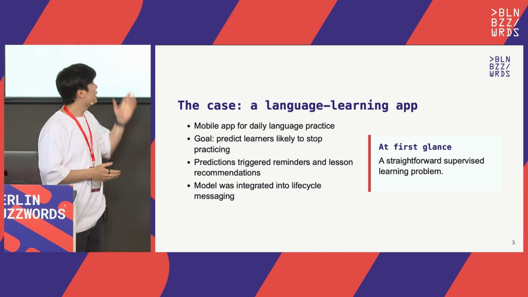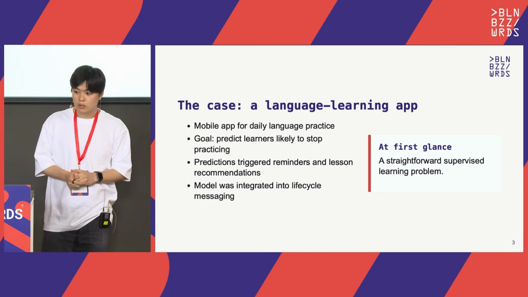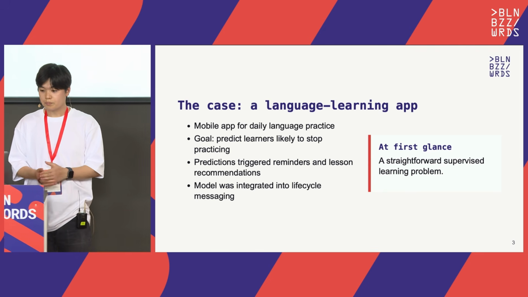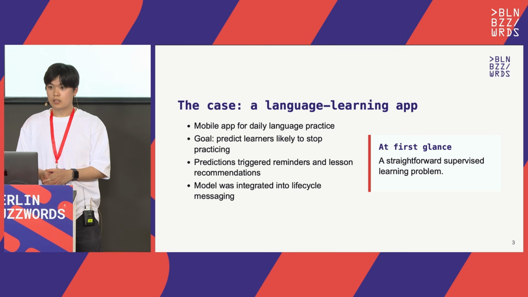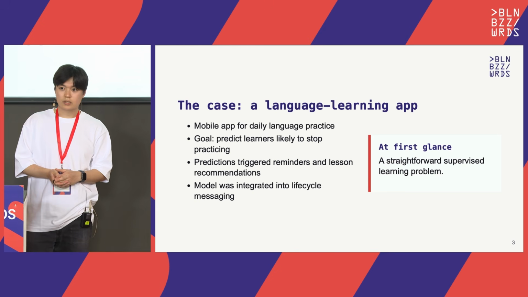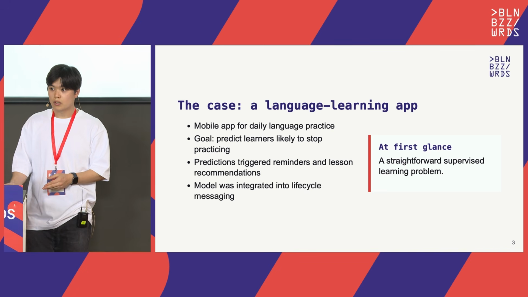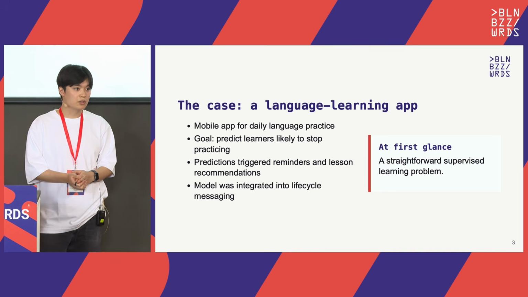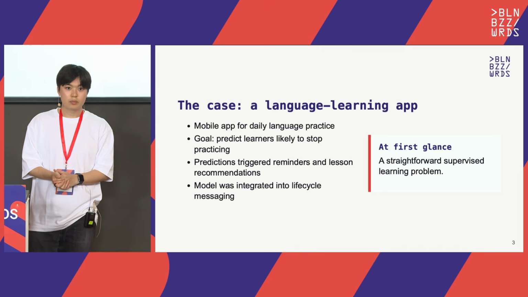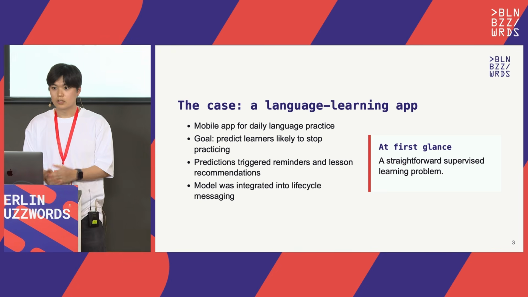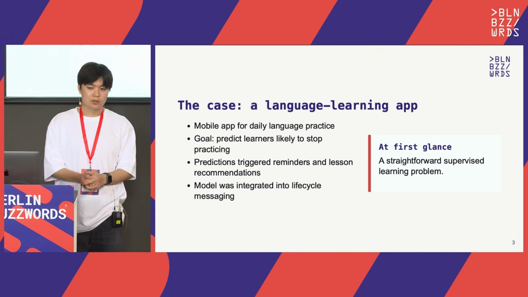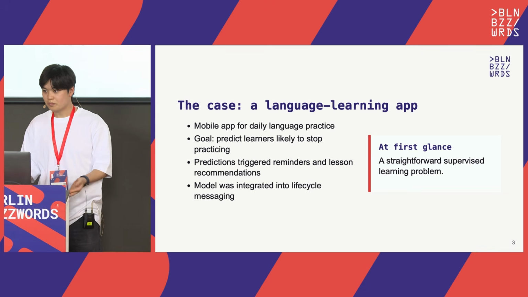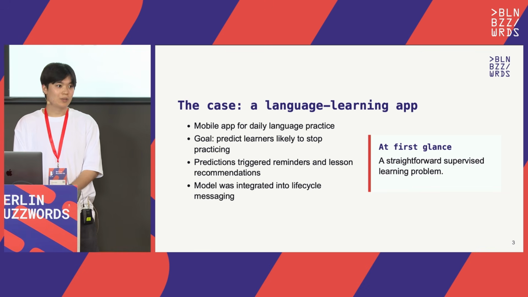Our case is a language learning app, a mobile app for everyday language practicing. Our business target was to create a model that predicts churners, the users who are likely to stop using the app soon. This is a classic problem we faced many times, so we thought we would not have any issues.